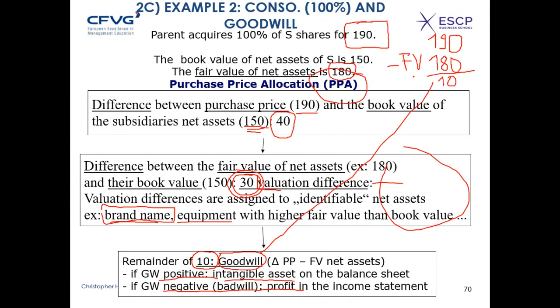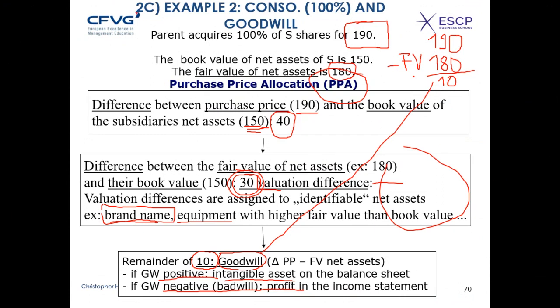Okay, so purchase price allocation, that's very important. That means, first of all, I need to fair value all assets and all liabilities of the subsidiary. Obviously, that is something I have already done before I actually bid for the company.